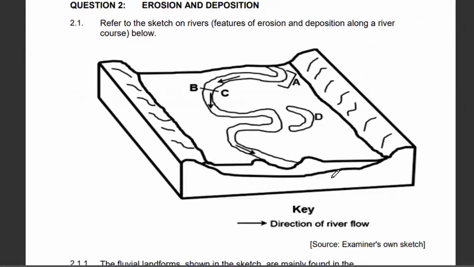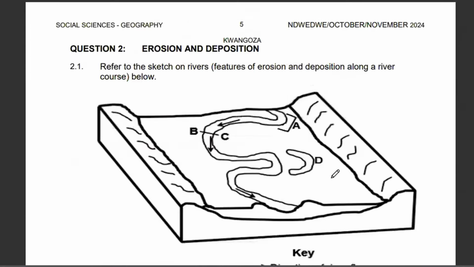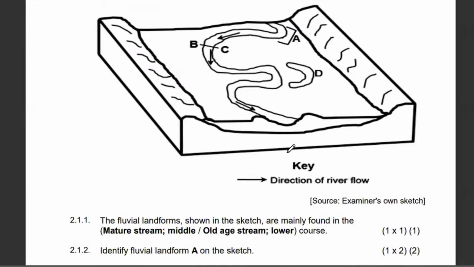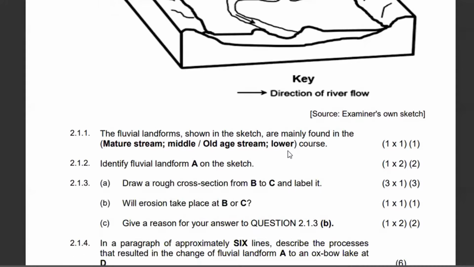Okay. So you look at the sketch that is given on rivers. It refers to the sketch on rivers, features of erosion, deposition along the river course below. All right, so we have the key, that arrow shows the direction of river flow. Then we have questions that follow underneath the source.